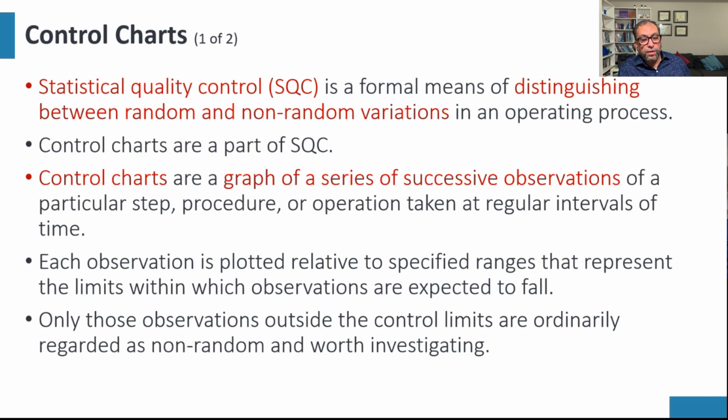A control chart is a graph of a series of successive observations of a particular step, procedure, or operation taken at regular intervals of time. Each observation is plotted relative to a specific range that represents the limits within which observations are expected to fall. Only those observations outside the control limits are ordinarily regarded as non-random and worth investigating.